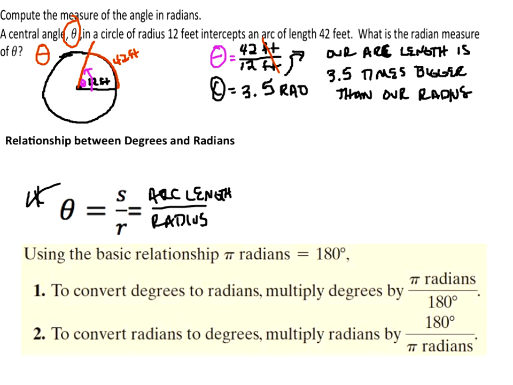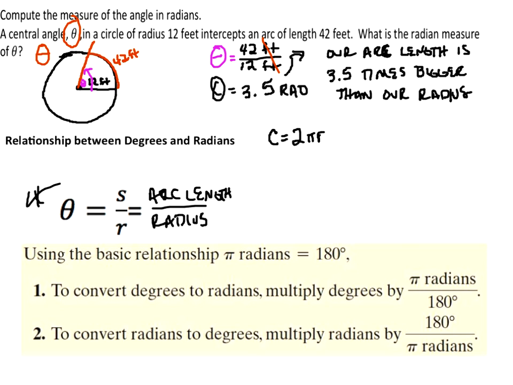And now we want to move to, okay, so how do we actually get to this relationship between radians and degrees? And here's what I came up with. The formula for the circumference of a circle is 2 pi r, 2 times pi times the radius.